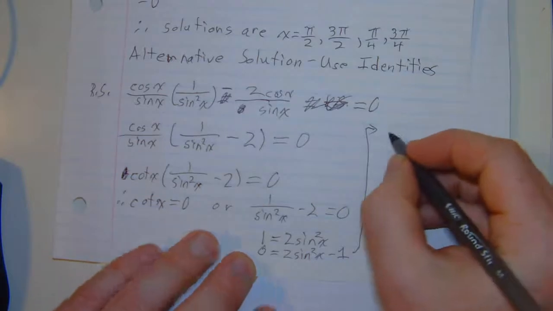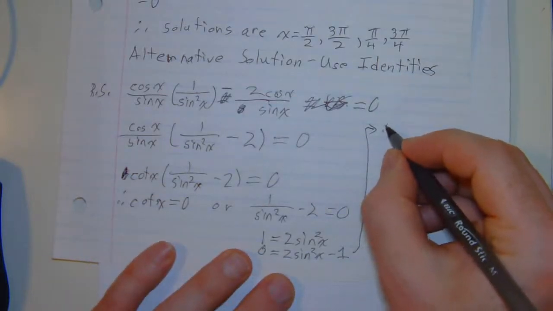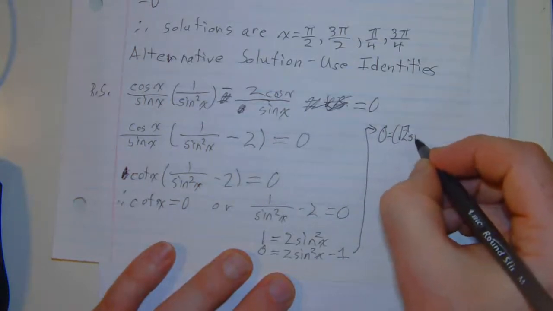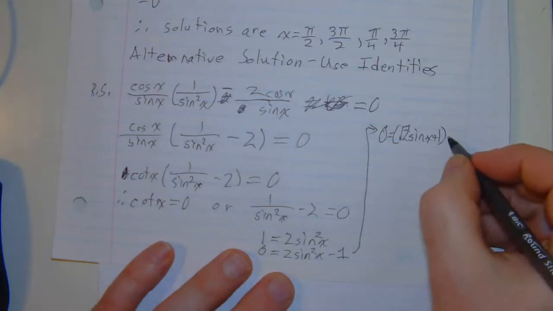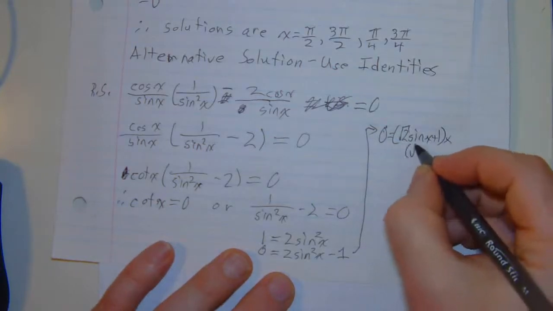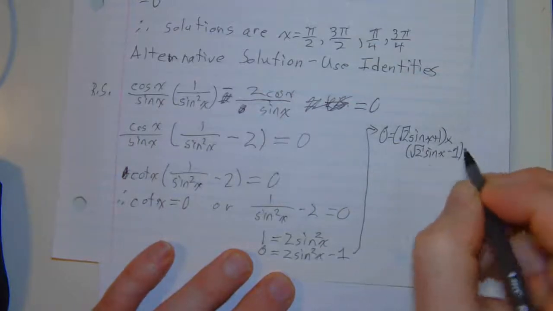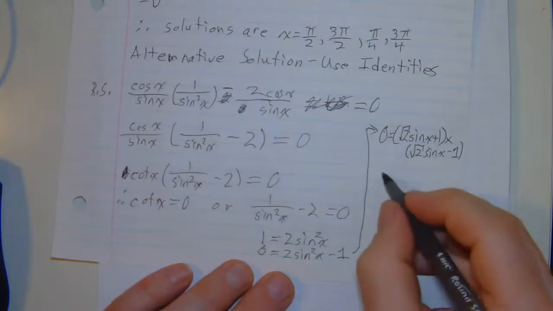So come back here. We will get 0 equals square root 2 sine x plus 1 times square root 2 sine x minus 1. And then we can solve each of those.